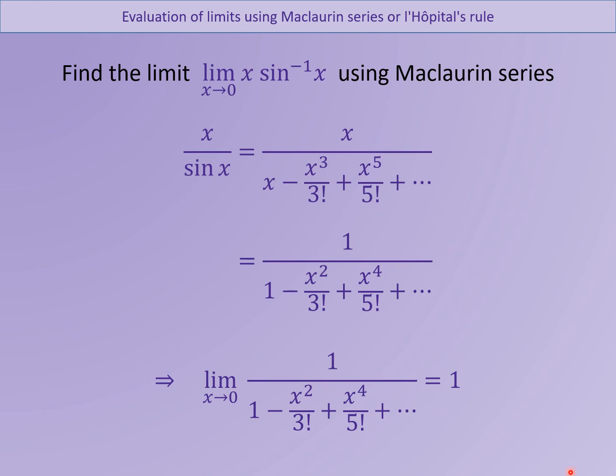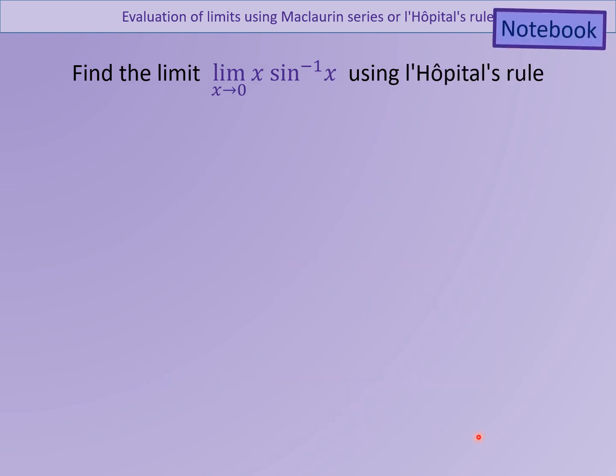Okay, right, so what happens if I didn't use Maclaurin's and I wanted to use L'Hopital's rule? Okay, just grab your notebooks, because it's the first time we've done L'Hopital's rule. So I want to look at the limit of x over sine x using L'Hopital's rule. So I do want to think about the two functions.